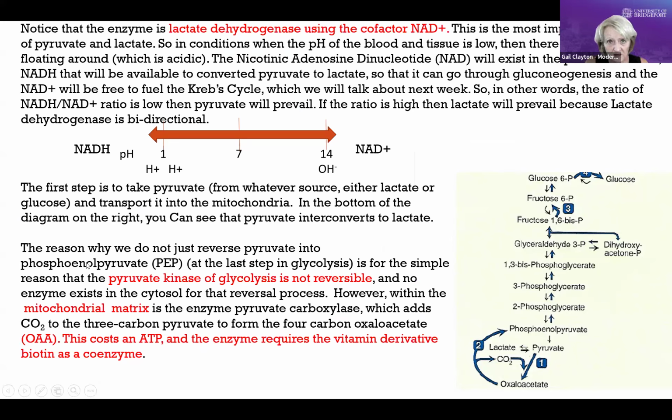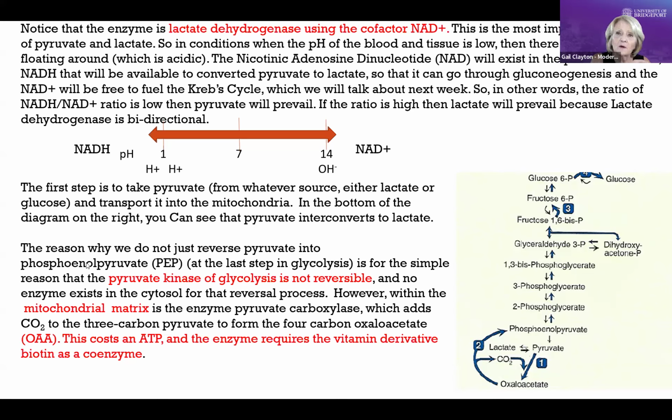So in conditions when the pH of the blood is low, there are a lot of hydrogen ions. Remember I said in the last slide, when you're really acidic, they're going to be sitting on that NAD. There's not a whole lot of NAD in the body, and when we're acidic, all those hydrogen ions are attached to that NAD, and now it's not going to be able to pass them anywhere.